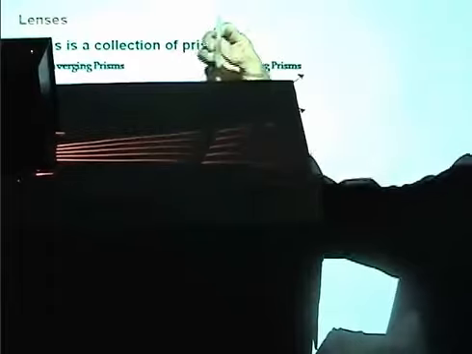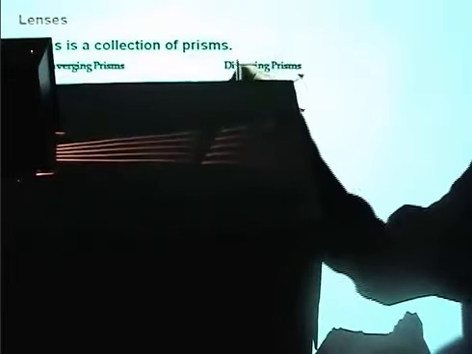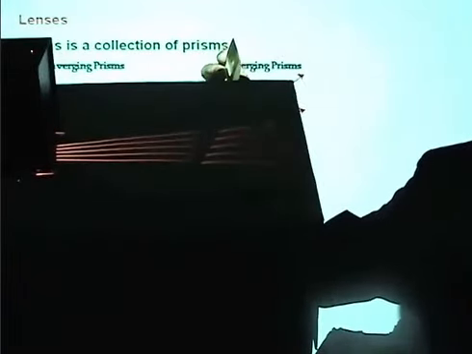Now let's see what happens when I allow a beam of light to pass through. Alright, now try and watch this. What happens when the beam of light is passing through this lens?